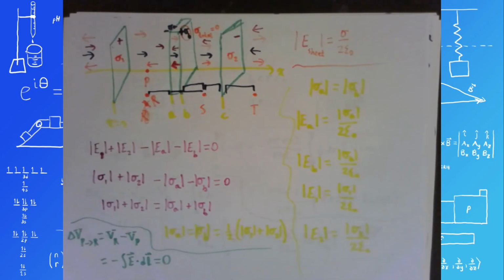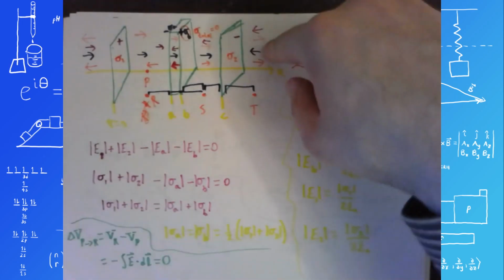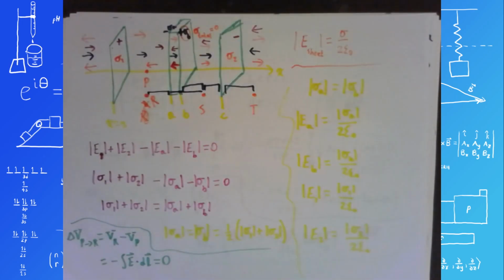And of course you have to keep track of your positives and your negatives, so that's something to watch out for. A rule of thumb to keep in mind is just figure out the direction of your net electric field in each region. And note that if you are moving against the electric field, your voltage should be increasing.